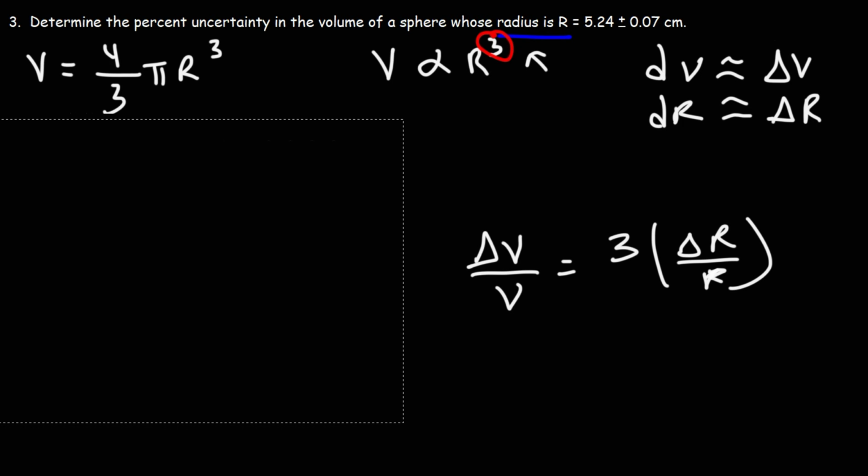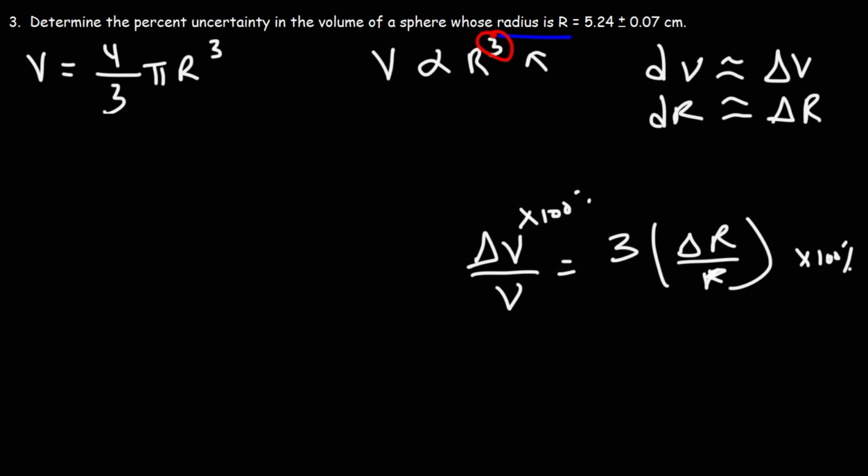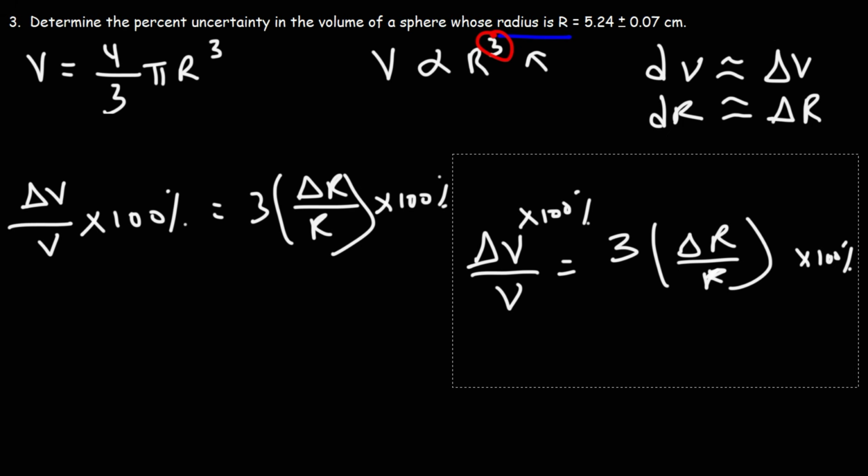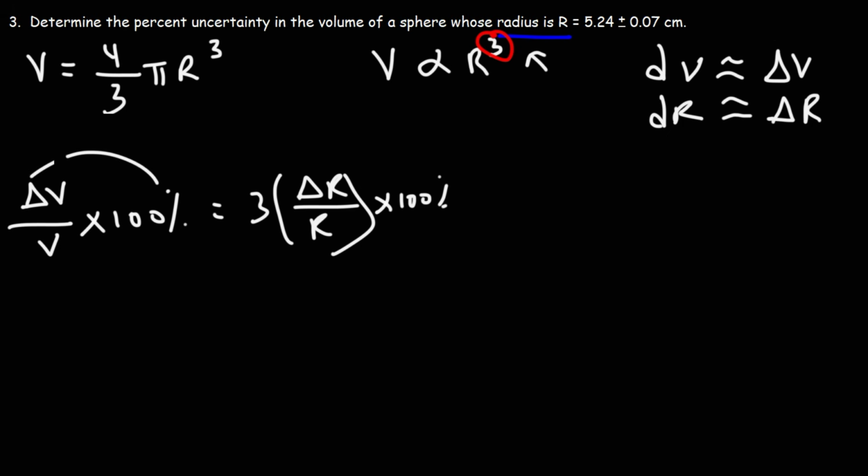Now I'm going to multiply both sides by 100%. So we have delta V over V times 100% is equal to 3 times delta r over r times 100%. Now think about what this means here. Delta V, you could think of it as the error or the uncertainty. They're not exactly the same, but you could think of delta V as the uncertainty. So we have the estimated uncertainty divided by the measured value times 100%.